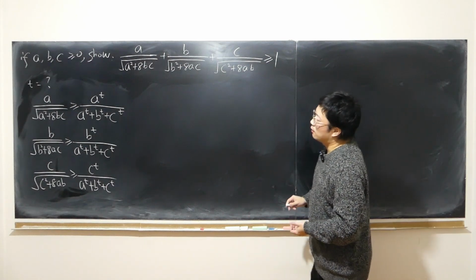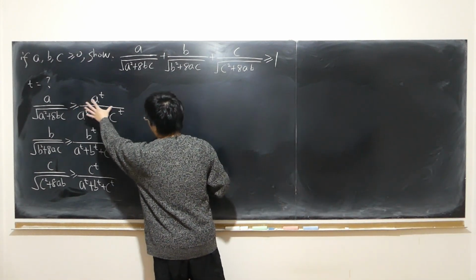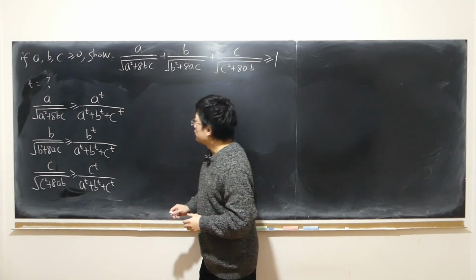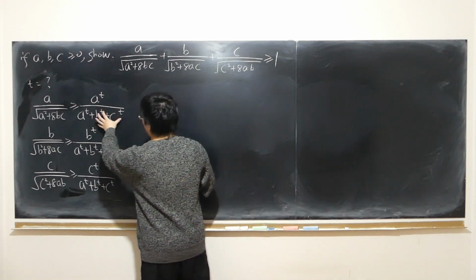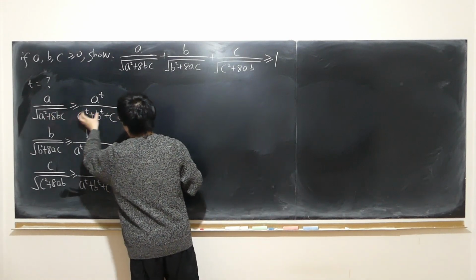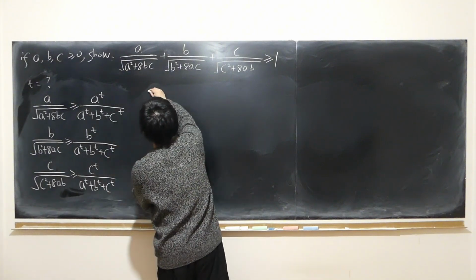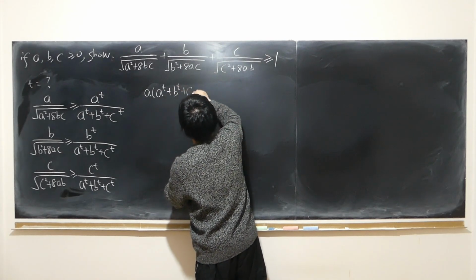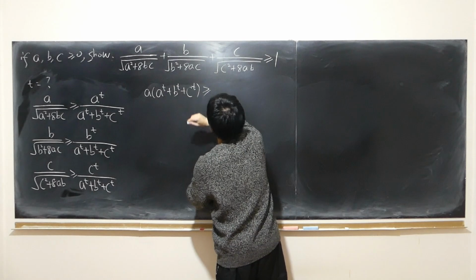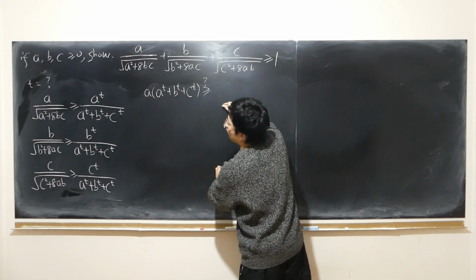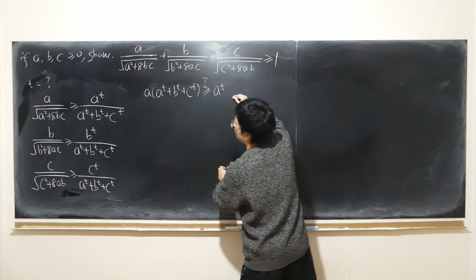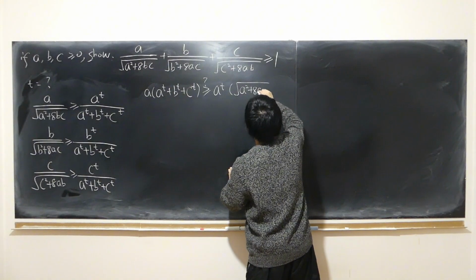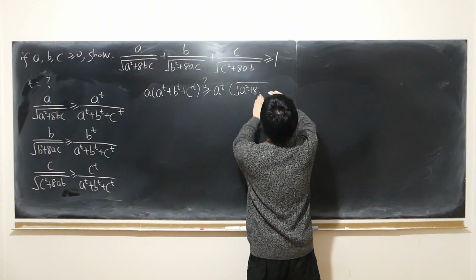Then we're done. So if this is true, I'm just going to prove the first inequality, because the second and third are very similar. Equivalently, you have this multiplied by that is greater than or equal to this multiplied by that: a times a to the t plus b to the t plus c to the t is greater than or equal to a to the t times square root of a squared plus 8bc.